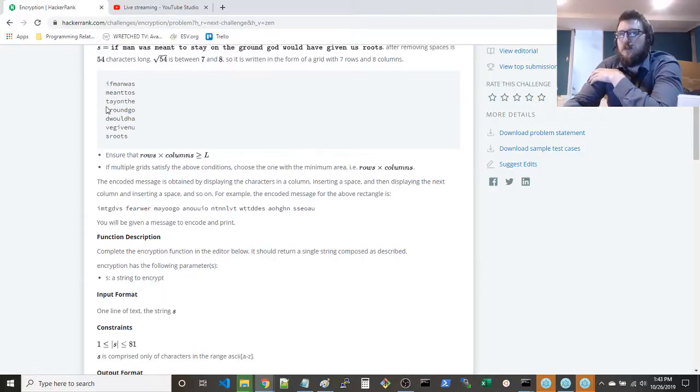Encryption would be take this column, add a space, take the next column, add a space, etc. And if the grid is empty, I guess you keep those spaces as well, and so on. For example, the encoded message for the above rectangle is IMTG, etc.